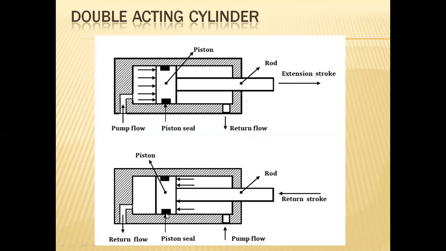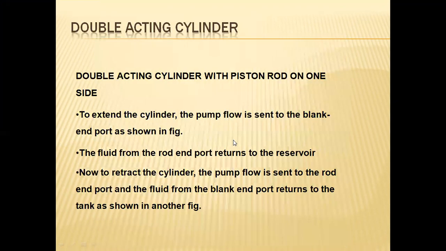And this is the piston seal, which moves in the forward direction and then in the backward direction. In the double acting cylinder with a piston rod on one side, to extend the cylinder the pump flow is sent into the blank end port, as you have seen in the diagram.